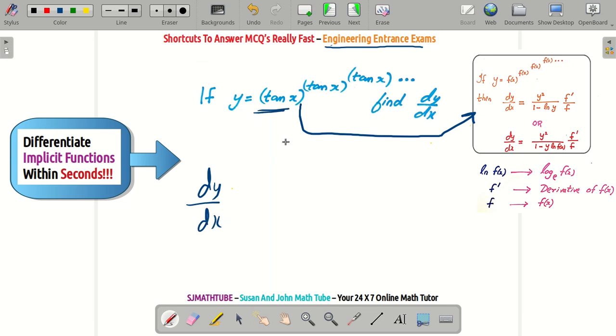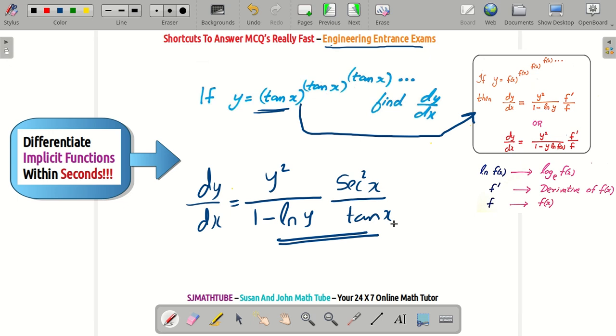Okay, what is the derivative of tan x? Yeah, sec square x. So dy by dx will be y square by 1 minus log y to the base e, or ln y, and then sec square x, the whole divided by tan x. That's it, my friends. We have the answer.